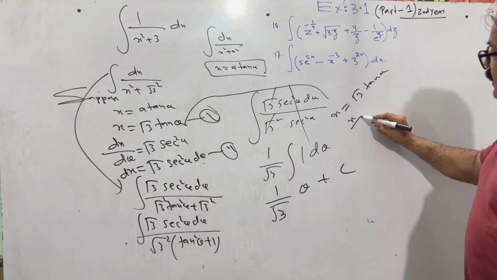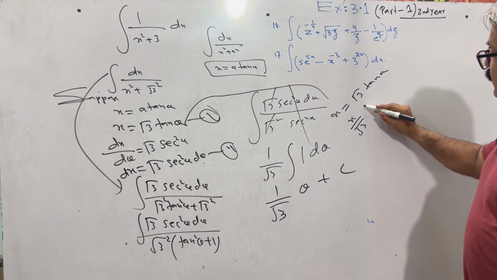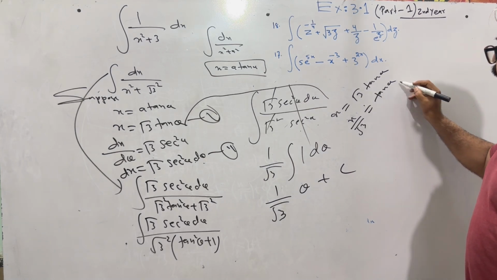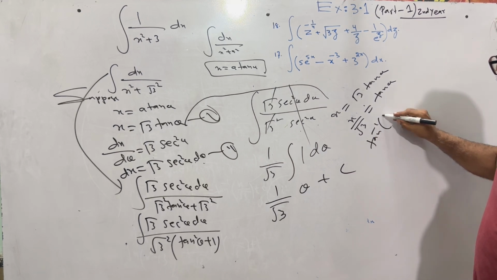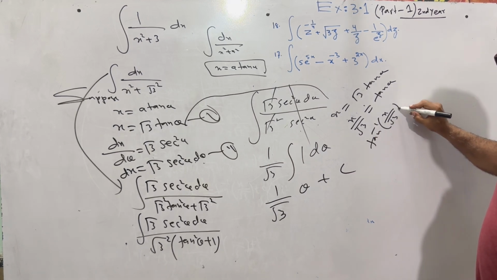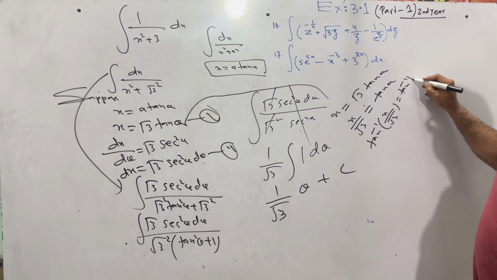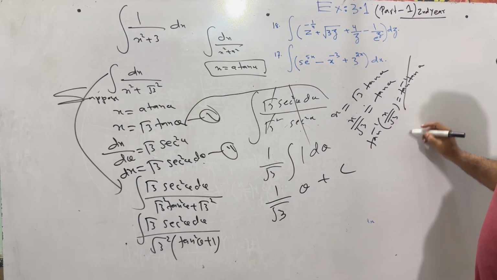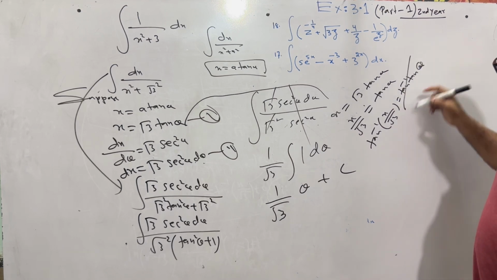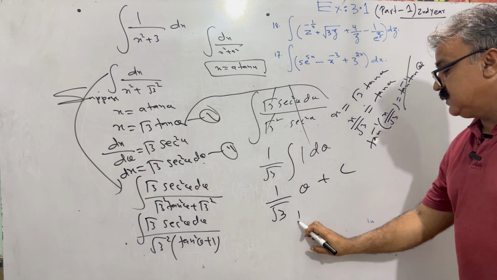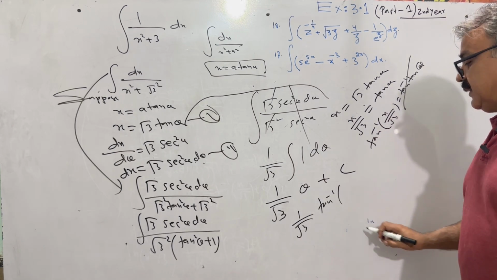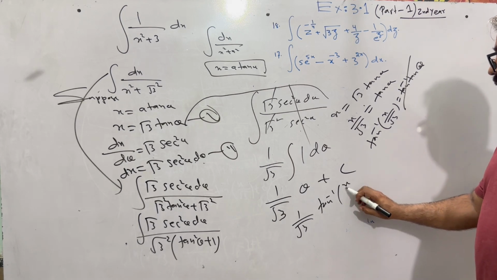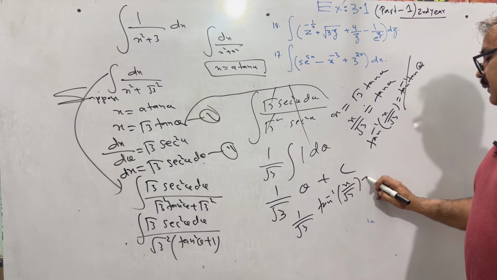Shift root 3 here: x over root 3 is equal to tan theta. In order to get rid of this tan, introduce tan inverse on both sides. Tan inverse of x over root 3 is equal to tan inverse tan theta. Tan no more. So theta is equal to tan inverse of x over root 3. So we have 1 over root 3 tan inverse of x over root 3 plus c.